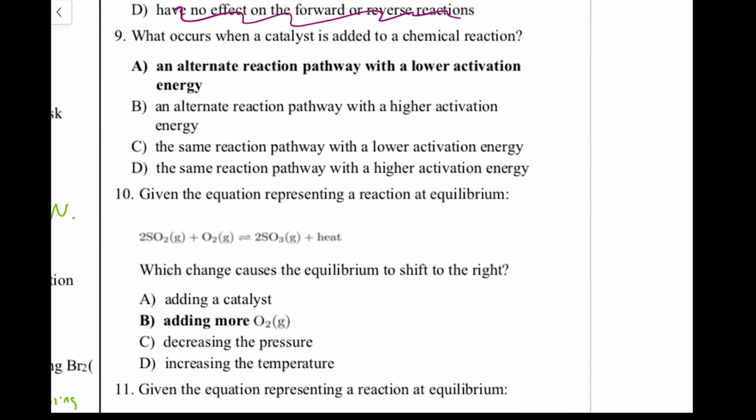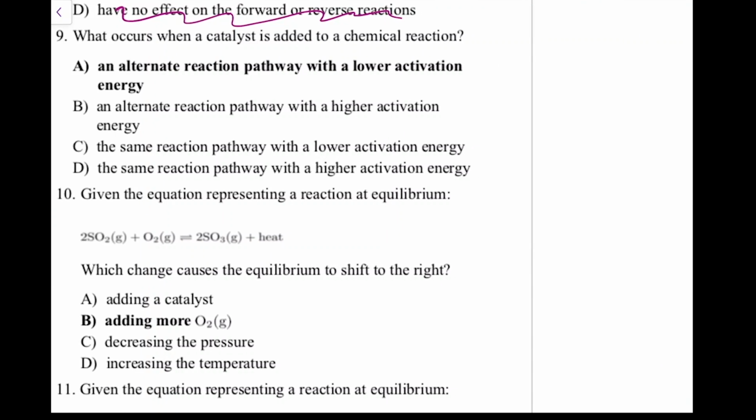Number 9 is asking essentially how a catalyst works. Here's a sample potential energy diagram. The green is going to be a catalyst. It doesn't change where you start, doesn't change where you end, it only changes the peak, so it lowers the activation energy.